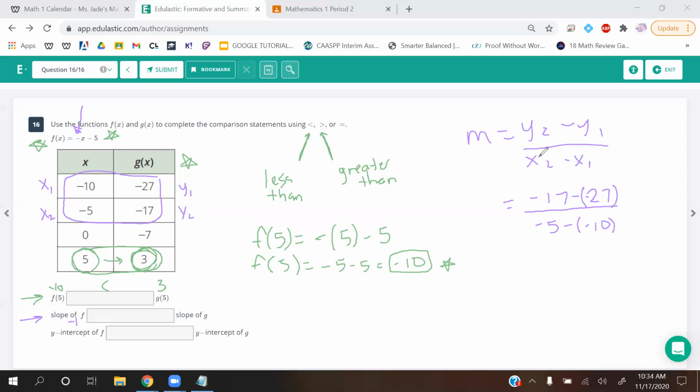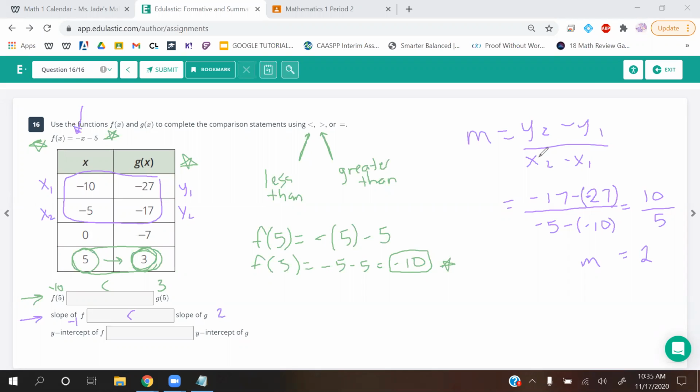Remember, when you are subtracting a negative, like we are doing in both of these cases, that's the same as adding. So negative 17 plus 27, and then negative 5 plus 10. That simplifies to 10 divided by 5, which is 2. So our slope for g is 2. We have to compare, is negative 1 less than 2, greater than 2, or equal to 2? Negative 1 is less than 2.